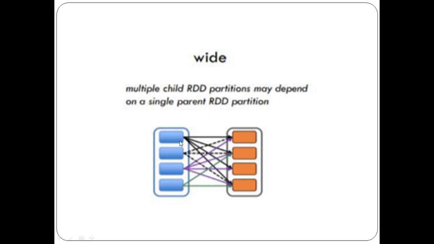One partition's data is shuffled, transferred to other partitions. Similarly, this partition's data is being compared and moved to this partition. A lot of data shuffling happens if you perform wide transformations. The best example is groupByKey.